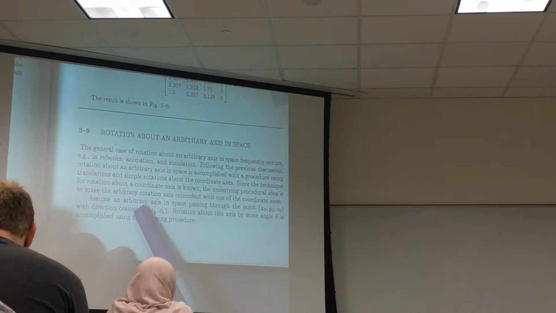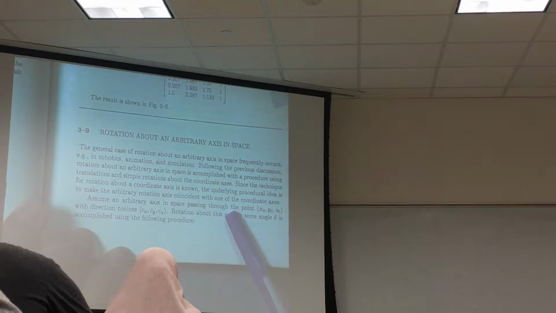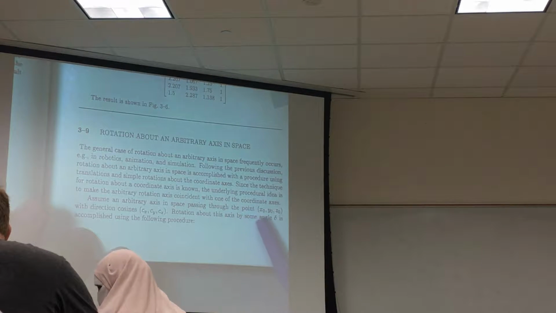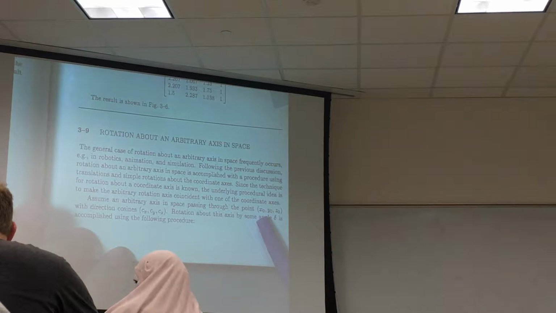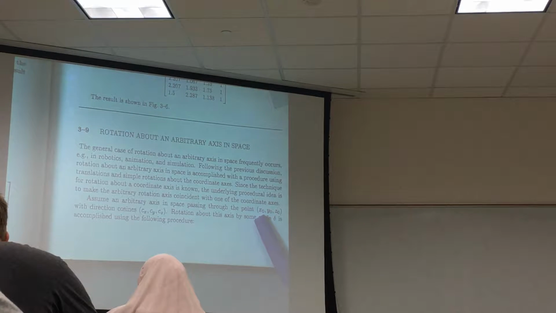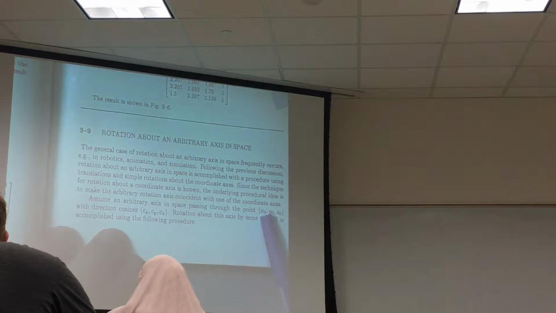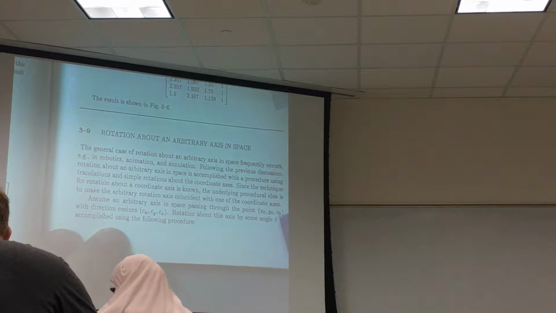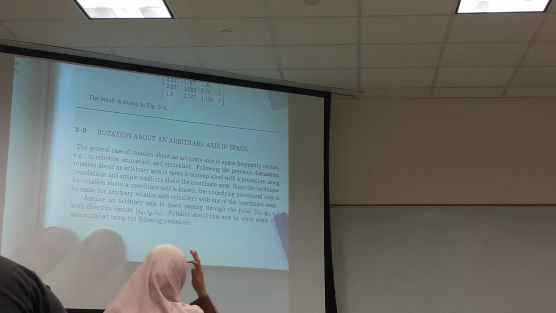So assume an arbitrary axis in space through a point. Remember the two points, right? If you know the anchor point, and it could be the origin, then you know the position from that, x0, y0, z0, and from that we find the vector.